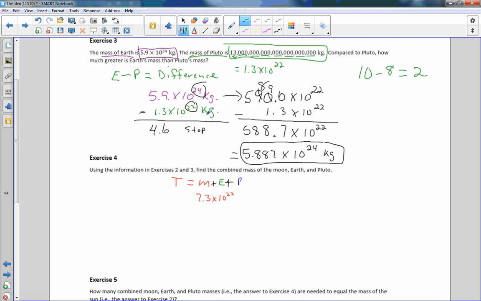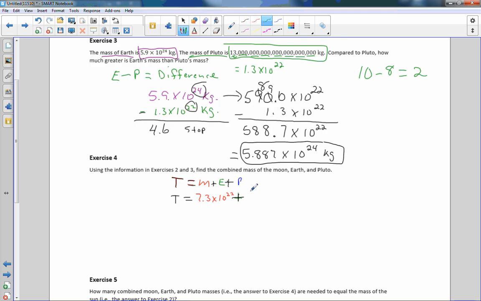So I have the total equals the moon mass, which is red, I'm sorry, plus the Earth's mass. The mass of the Earth is right here. It's in exercise 3, so I don't have to go back. And that will be, let me use black for my operation.